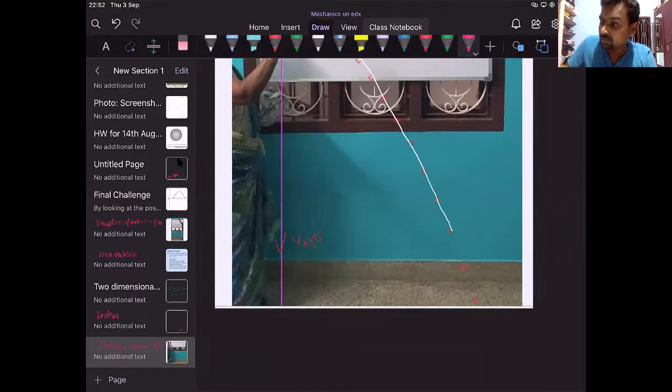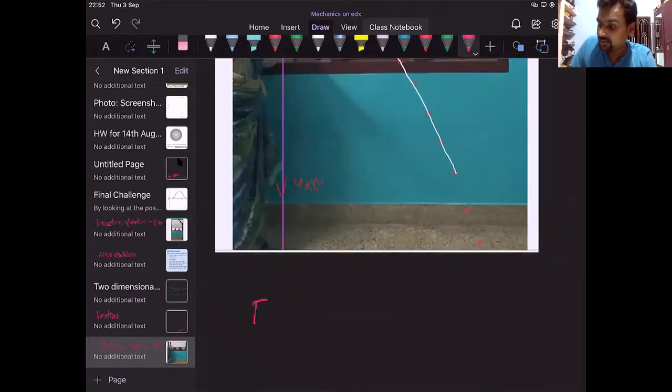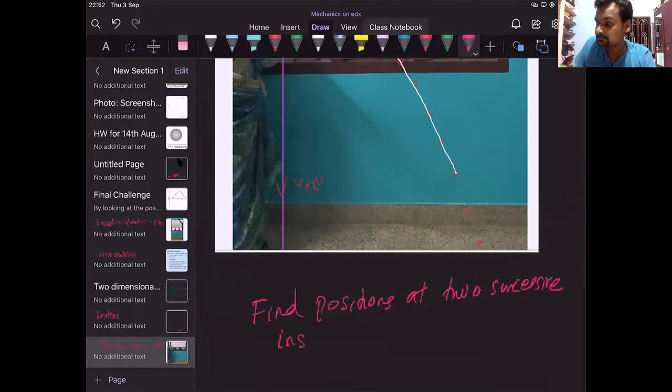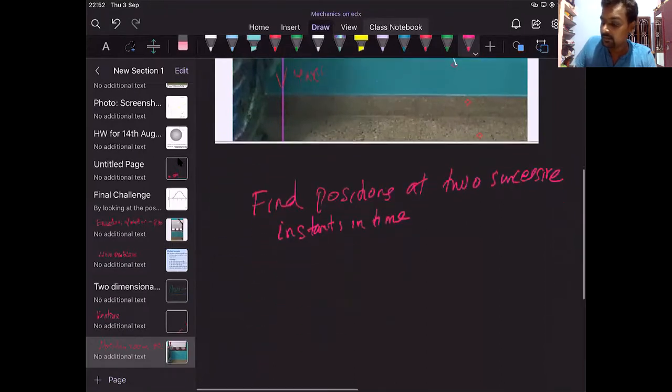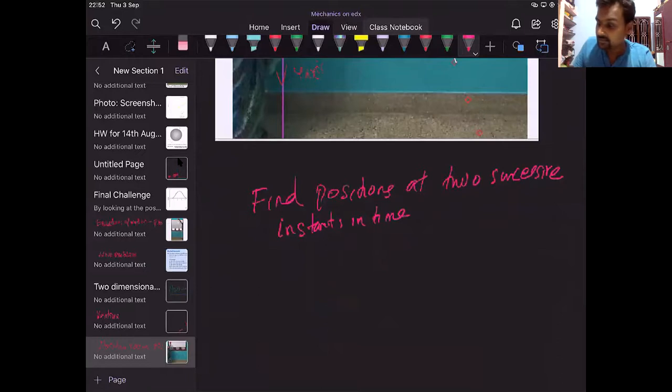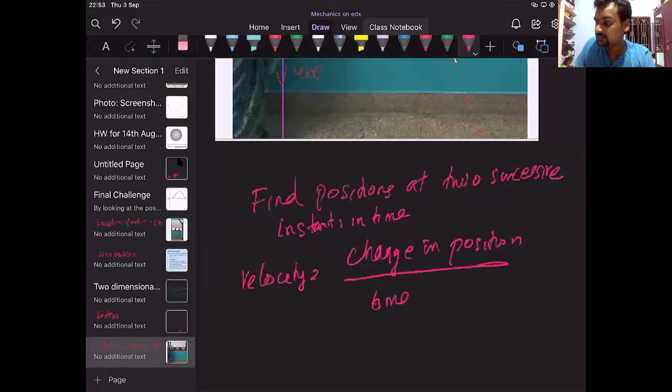What I can do is find positions at two successive instants in time, right? And then how do I find velocity? Velocity basically becomes change in position divided by time taken.